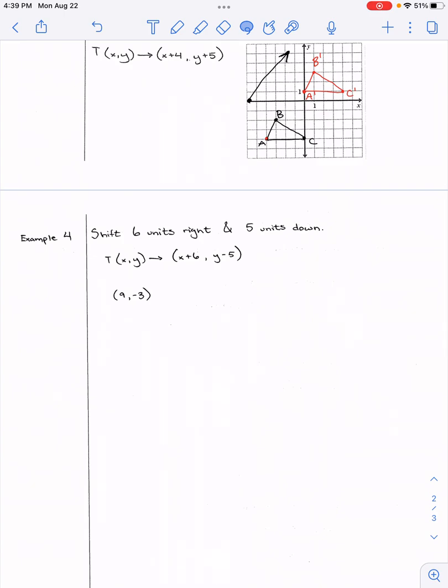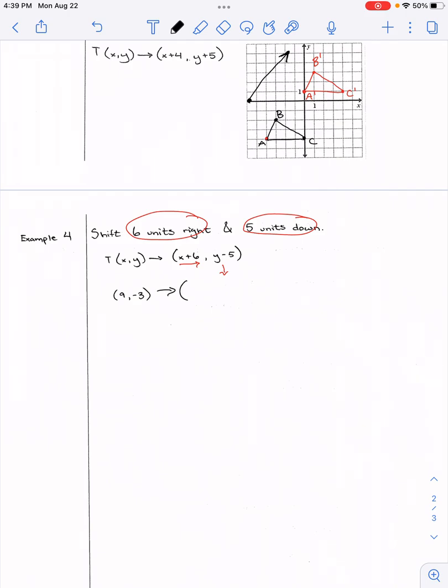Now we're just going to take a point, just 1 point, and we're going to shift it 6 units right. We see that right here. And 5 units down. We see that because the y has a negative 5. All right, so let's draw our skeleton.